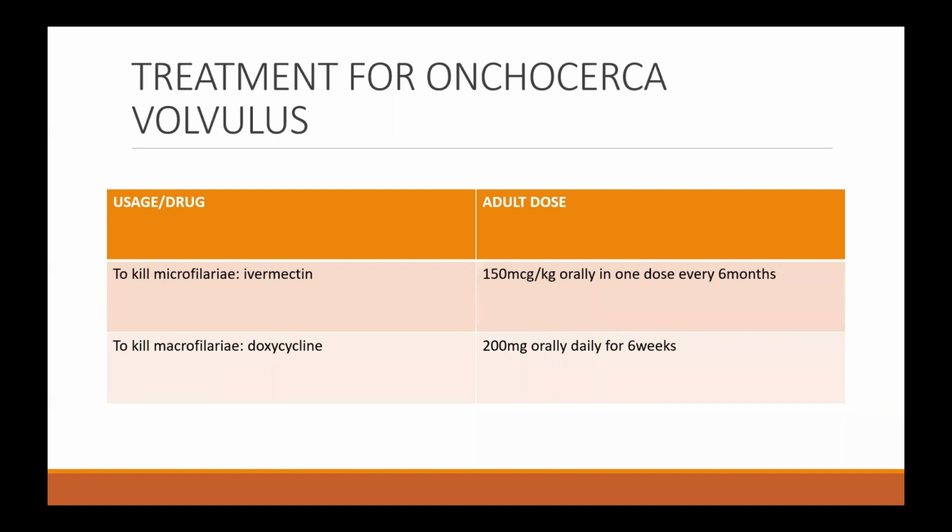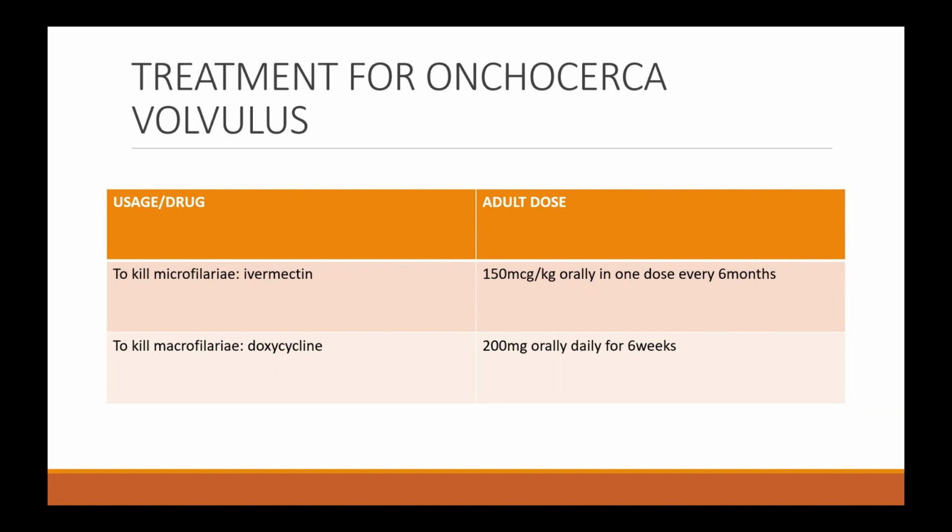So 150 microgram per kg, if the person is an average adult of 70 kg, would come to something like 10 milligrams of ivermectin. So that's probably about 3 to 4 tablets once every 6 months. The tablets are usually 3 milligram tablets.